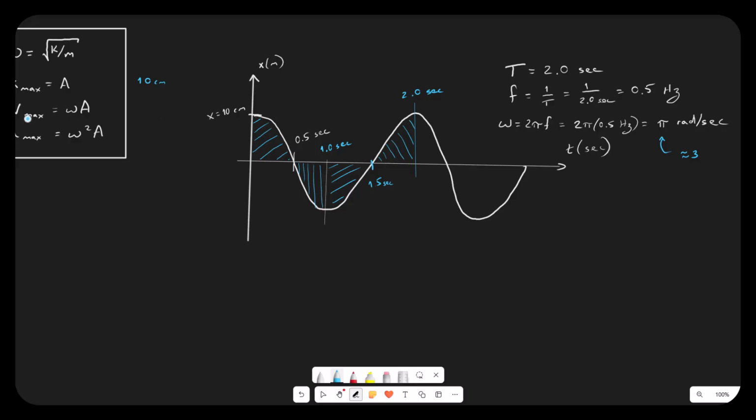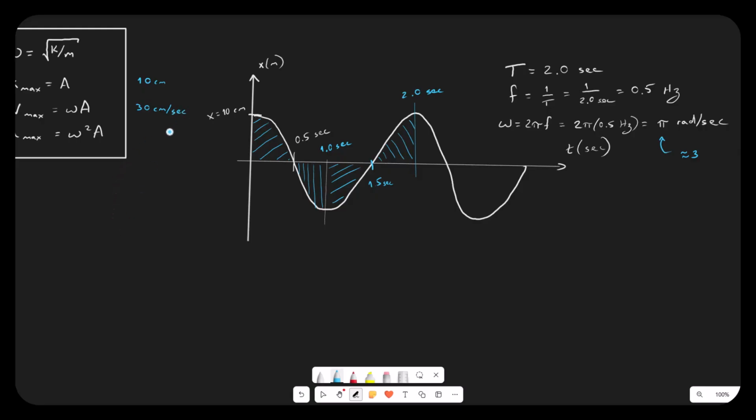My maximum speed, pi radians per second times 10 centimeters. So pi is really like 3.14 radians per second, but it keeps going anyway. If I'm going to say that pi is 3, bear with me on that, 3 times 10 centimeters is going to be 30 centimeters per second.